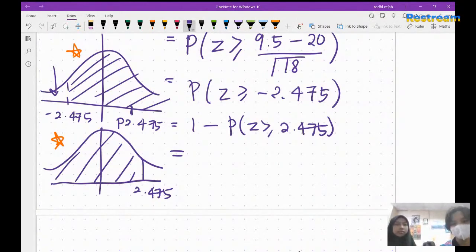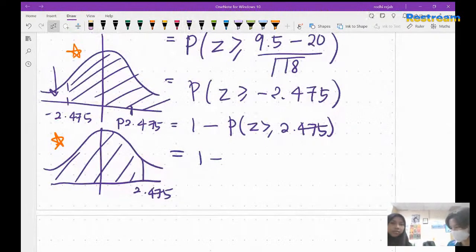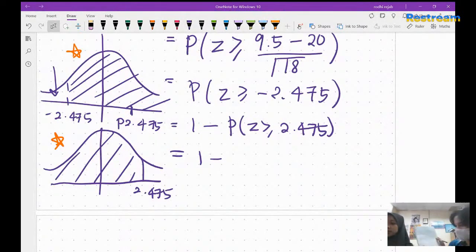So then refer balik buku. Okay, tengok sama-sama. Standard normal. Alamak, besar sangat lah. So just round out lah. 2.448. Yes. So 2.4 and then 8. 0.006. Yes. 0.006.